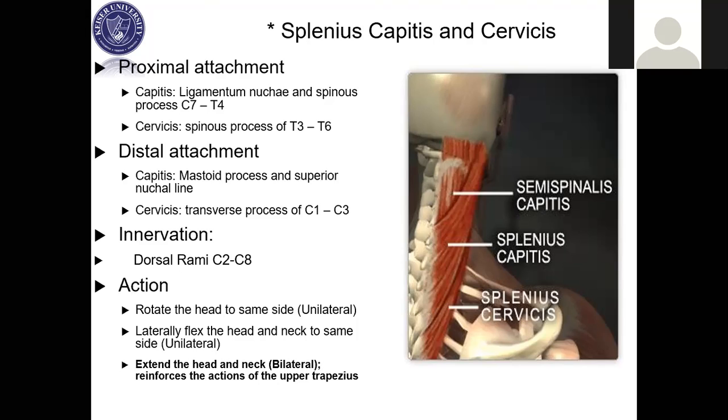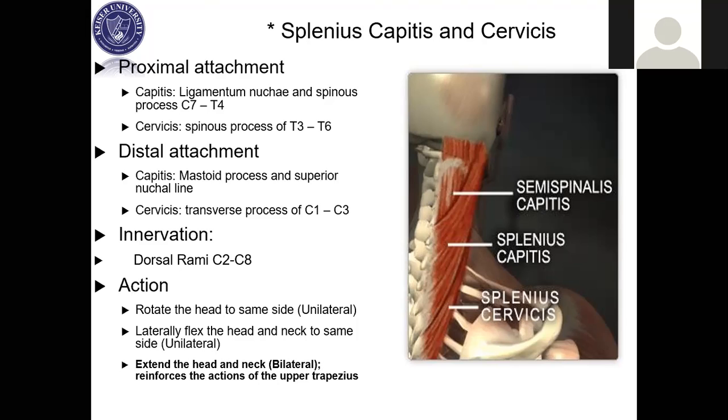That's the important part of this muscle that you need to know. This muscle also helps with rotation and lateral flexion. And when you're thinking about splenius and those two movements, those movements occur ipsilaterally. They both occur to the same side.